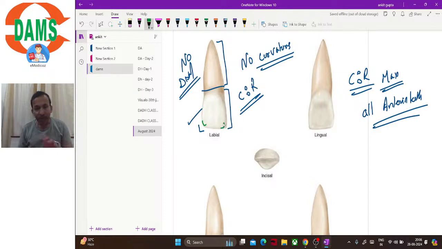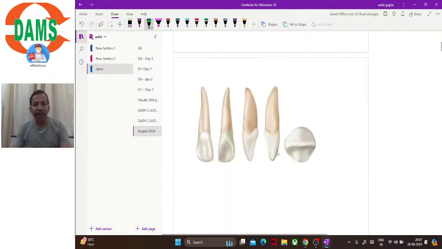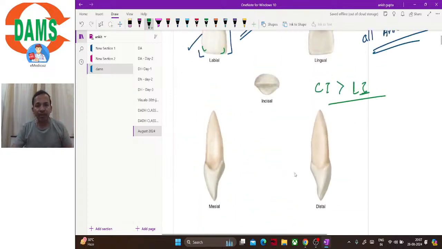Always remember that these proximo-incisal angles, that is mesioincisal or distoincisal angles, they are sharper in central incisor as compared to the lateral incisor. So these angles are always sharper, and as you move backwards, as you move distally, these angles become more and more rounded. So you can compare them with the angles of the lateral incisor. So you will see that here the angles are more rounded, isn't it? So the central incisor has more sharp angles.